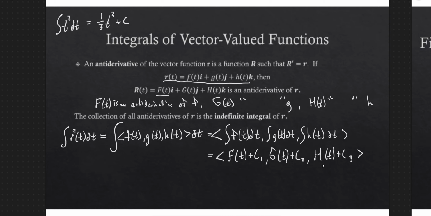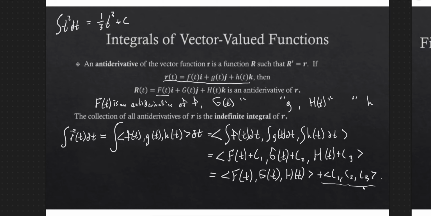We can't assume the constants are equal to each other. And let me just pull this apart. So this is F of t, G of t, H of t, plus this constant vector c1, c2, c3. And this is the idea: I get a constant vector out for my indefinite integral. I'll find antiderivatives for each of these, and then add a constant vector to this.